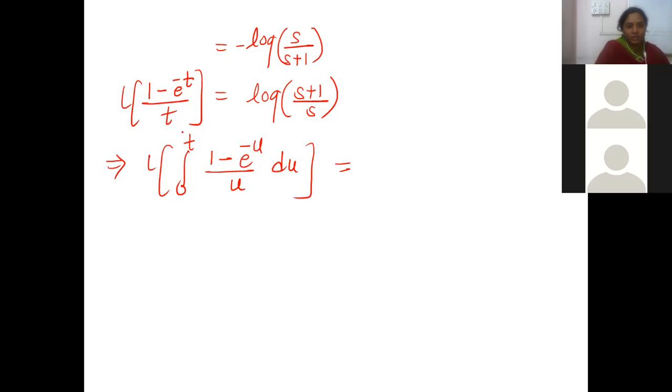I'm just writing t as u. And what will be the answer? 1 upon s log of s plus 1 upon s. Very good. Whatever this is, you just divide it by s if you are taking the integration. Done. The answer.